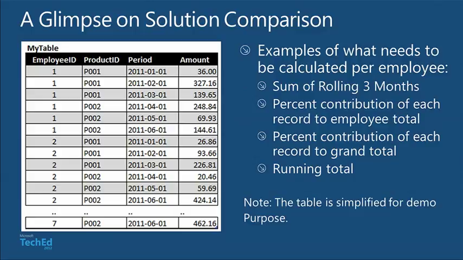We are also asked to calculate the percentage contribution to the employee sales totals, the percentage contribution to the grand totals, and the running totals. This is a very common requirement we will get as a SQL developer. So the matrix can go on and on.